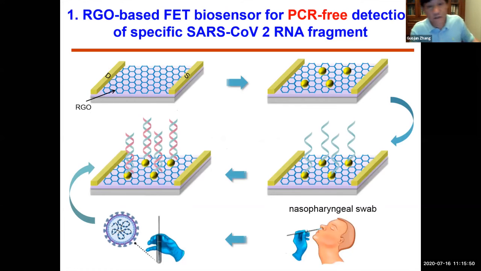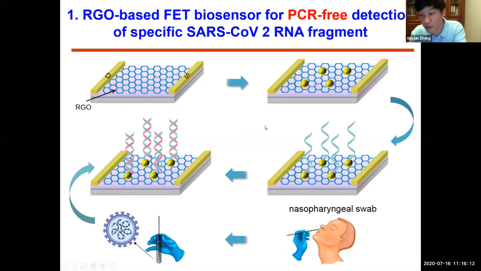Because of the virus, our laboratory was reopened last month, and my students can work now. So we are targeting 4 works. One is we are going to use RGO-based FET biosensor for PCR-free detection of coronavirus RNA fragment.